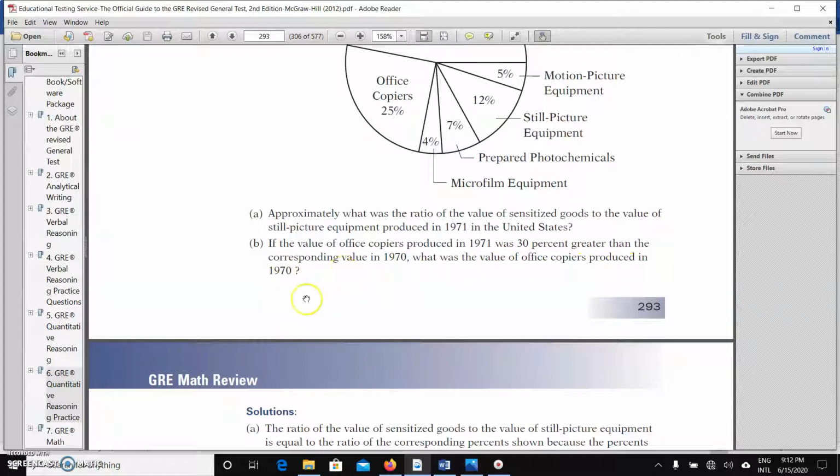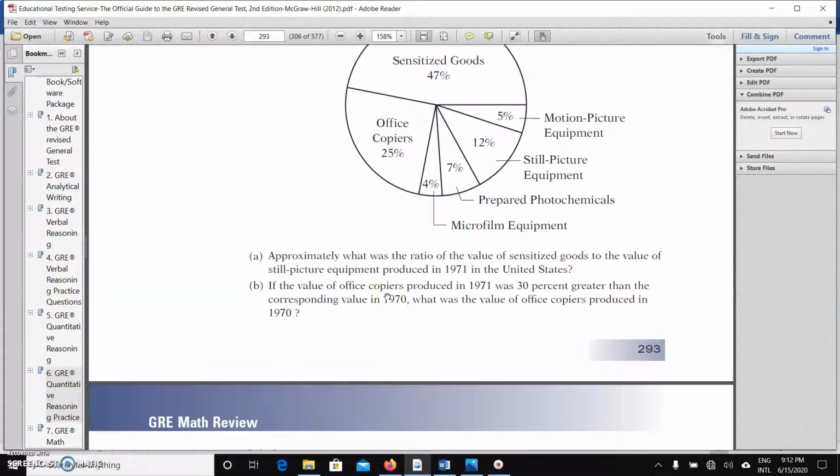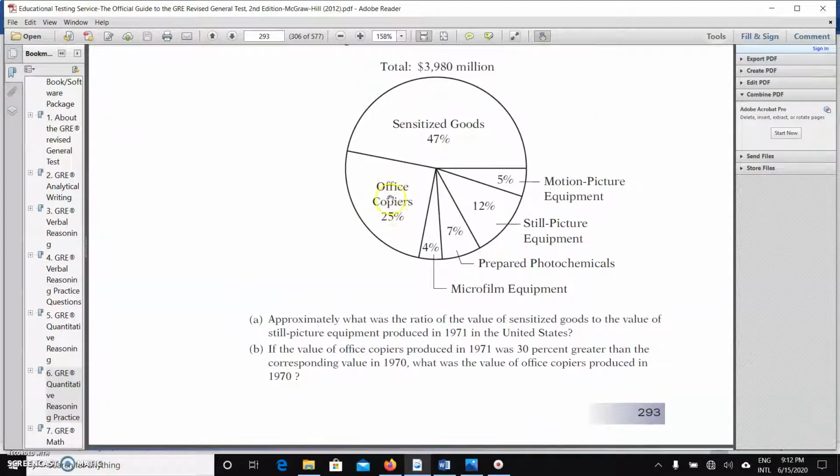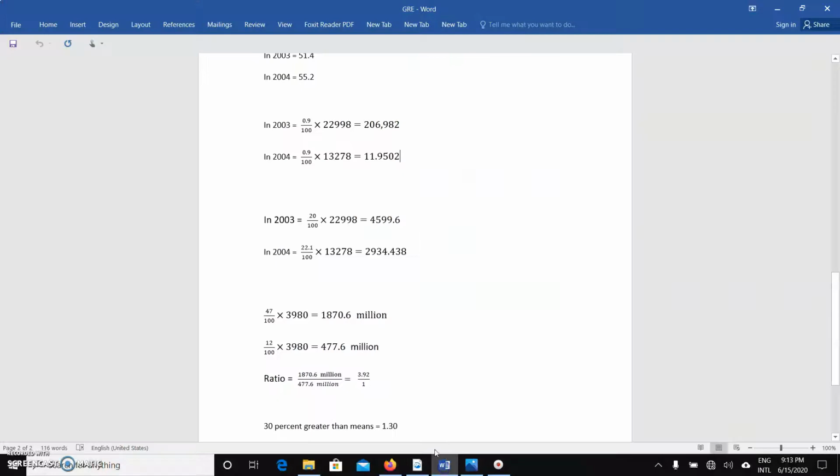Now, all you need to do is just put it together. For example, where is the office copier? It's 25%. 25% of this is the value for 1971, and that's what I did.